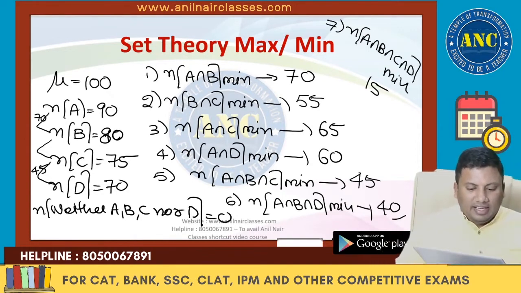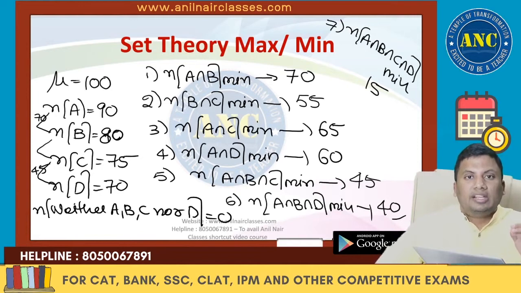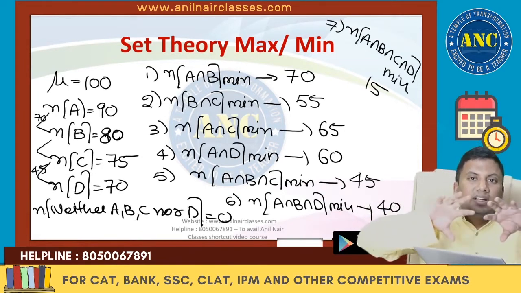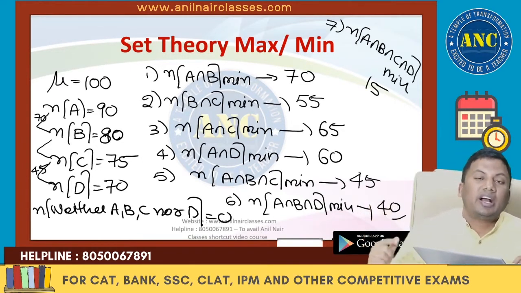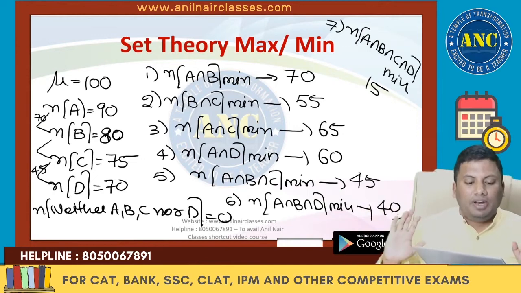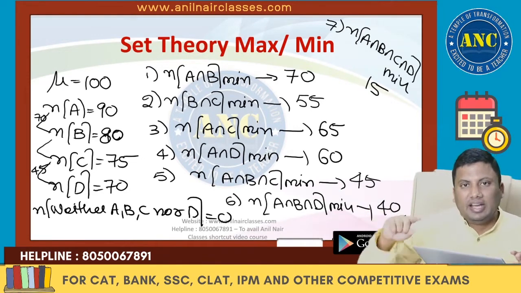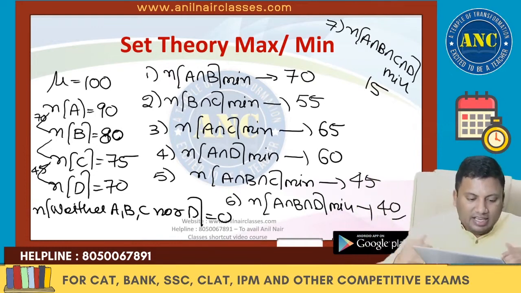Very easily. Intersection is minimum, that means union should be maximum. Union is maximum. Make the values away from each other. But inside value cannot be greater than outside value. Check how much it is greater. That will be the answer. 90, 80, separate 170. Greater than 100, minimum will be 70. AC, separate it.